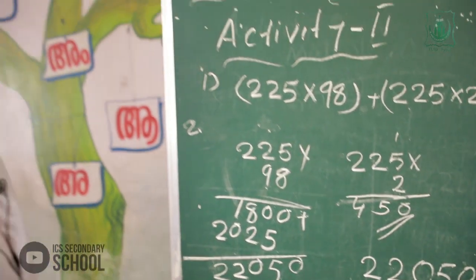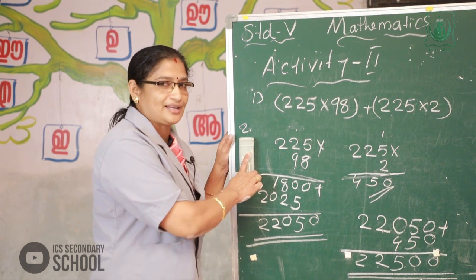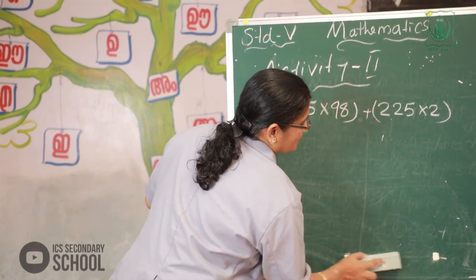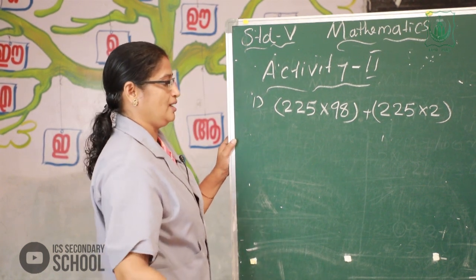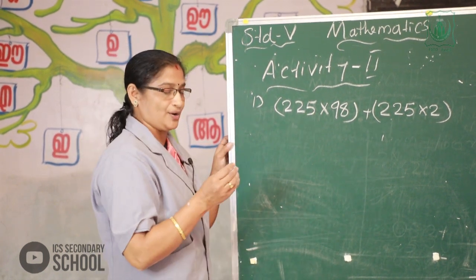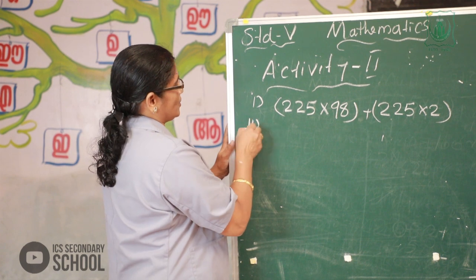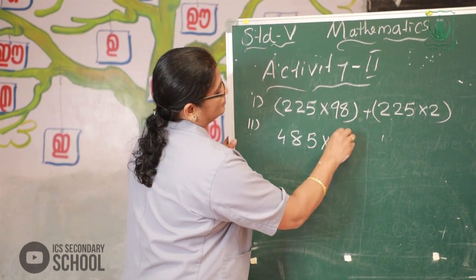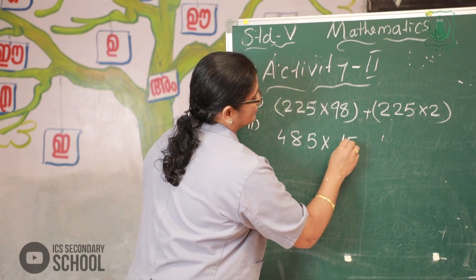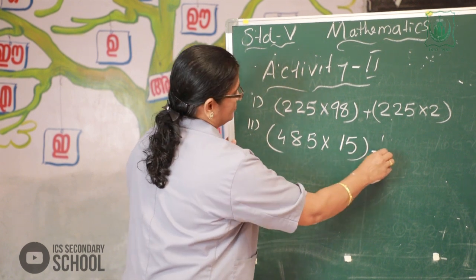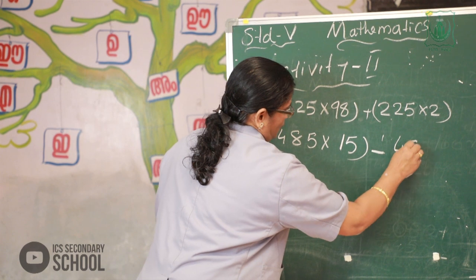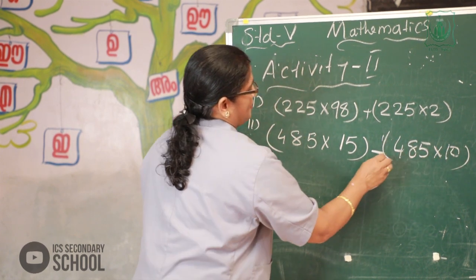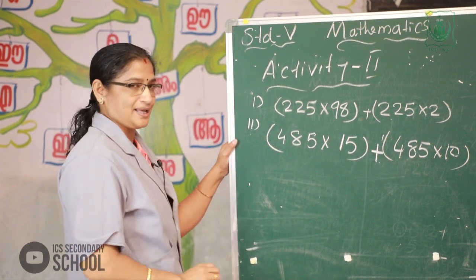And next more activities. Let me write the questions. Write down in your notebook. Second question: 485 into 10 plus.